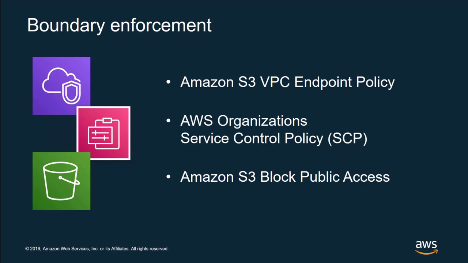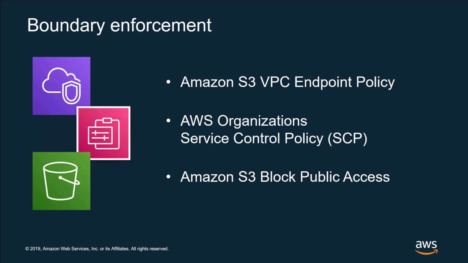A second one is AWS Organizations. Organizations is a very nice way to help you structure all of your different accounts across multiple projects, teams, groups, and sub-organizations within your company. Within Organizations, they have what are called service control policies.